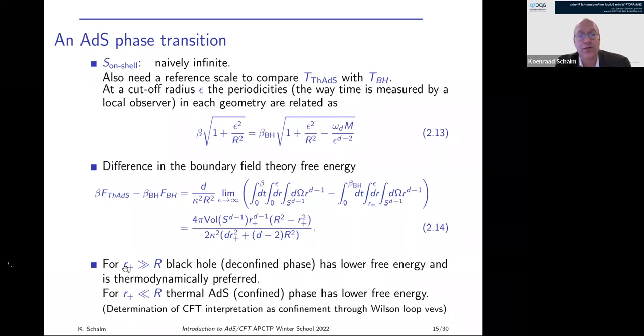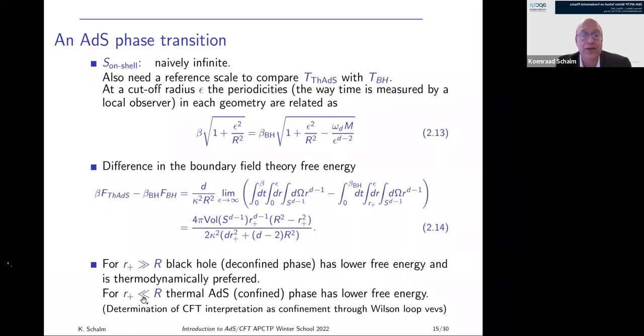So for R plus much, much larger than the ADS radius, this is negative, and that means the black hole phase has the lower free energy, and that's the one that's thermodynamically preferred.